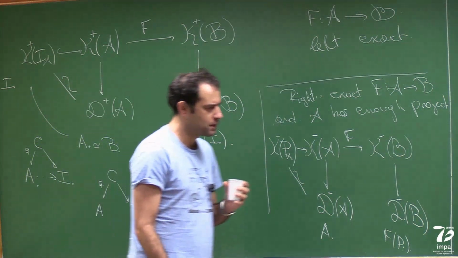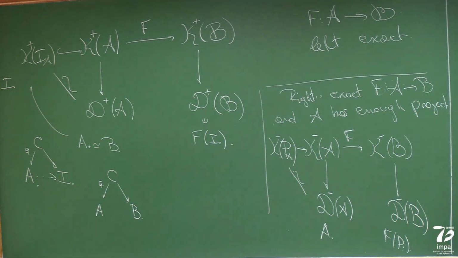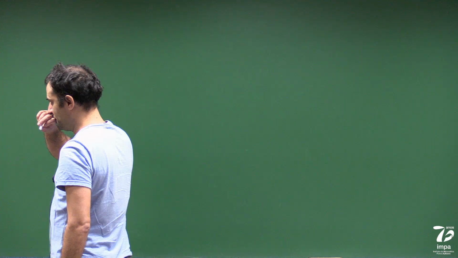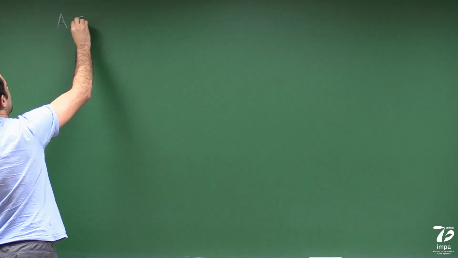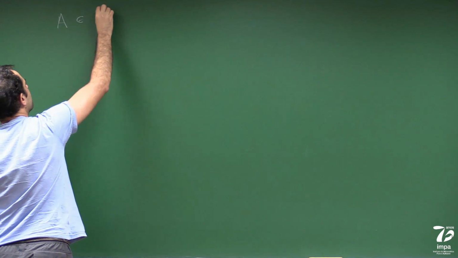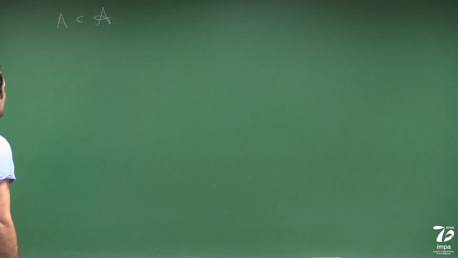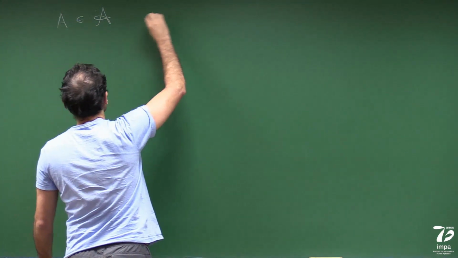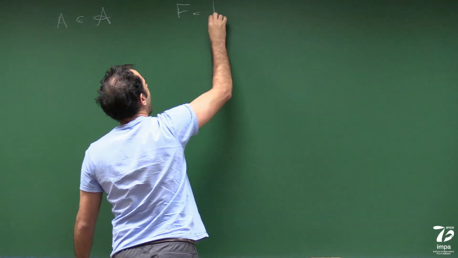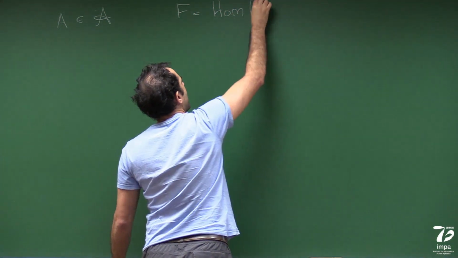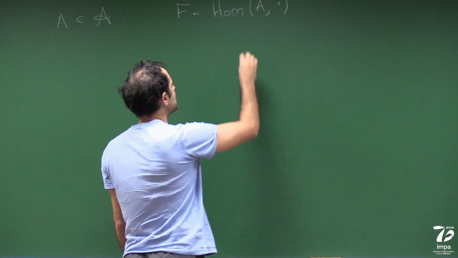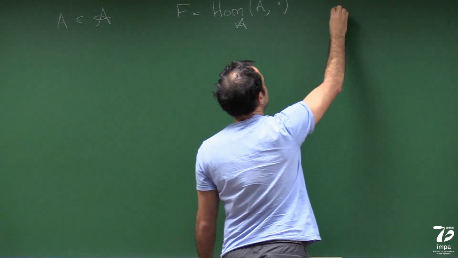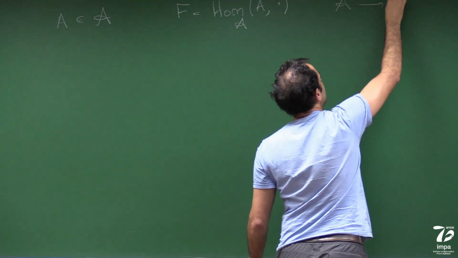Okay, so here's an observation. Let's take a category, we have our A. I'll look at the situation where F is the functor Hom(A, -). So this is in my category A, and this is a functor that goes from A to abelian groups.